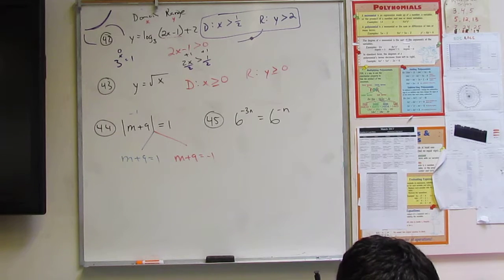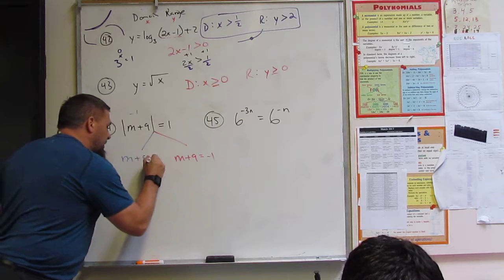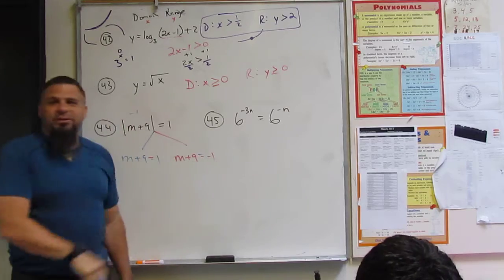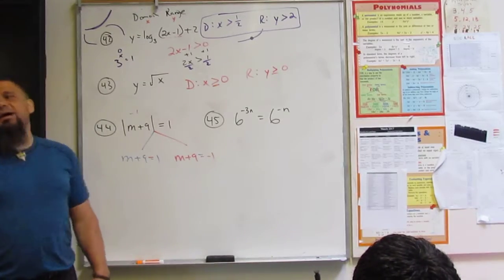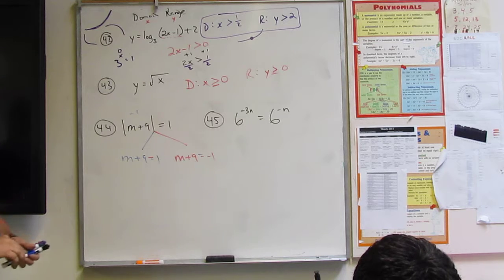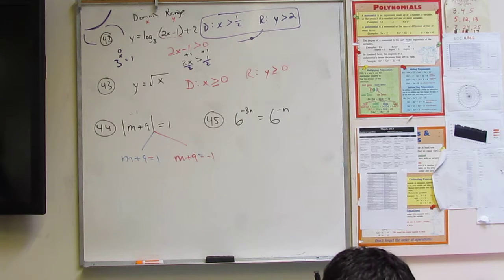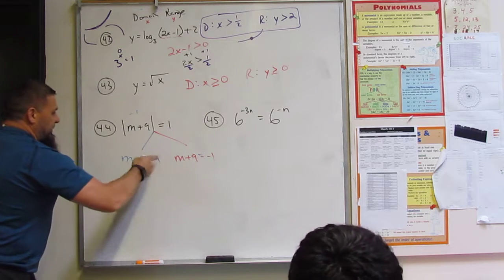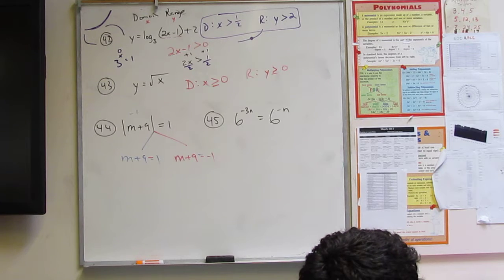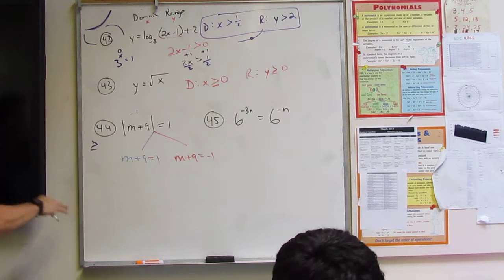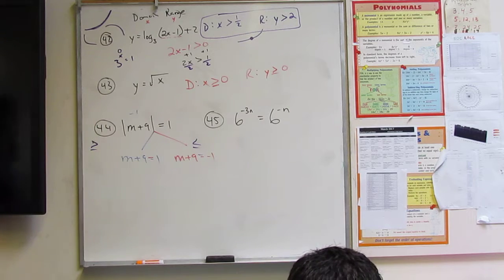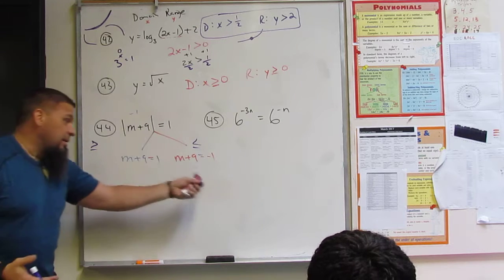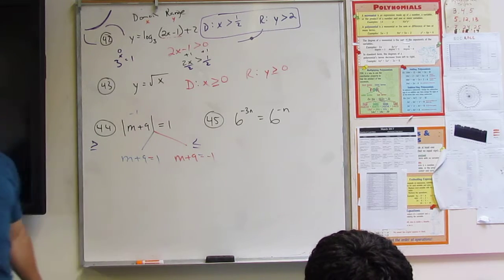In essence, we flip the sign, and we make it negative. That way, when you end up with one of these, it looks like one of these. If it's greater than here, then over here it's going to be less than. Does that make sense? Okay.